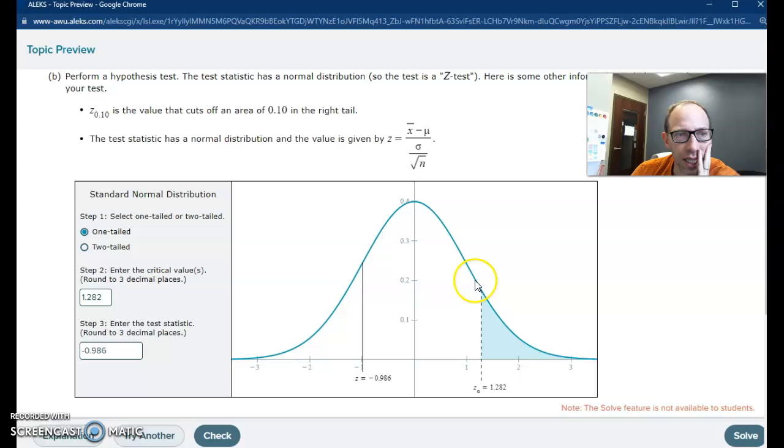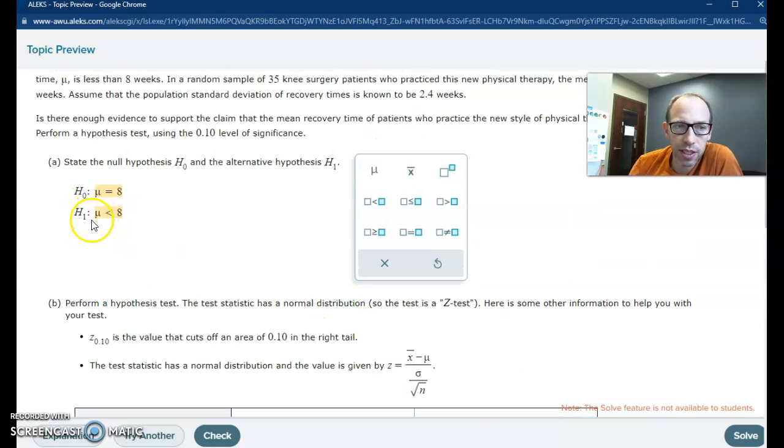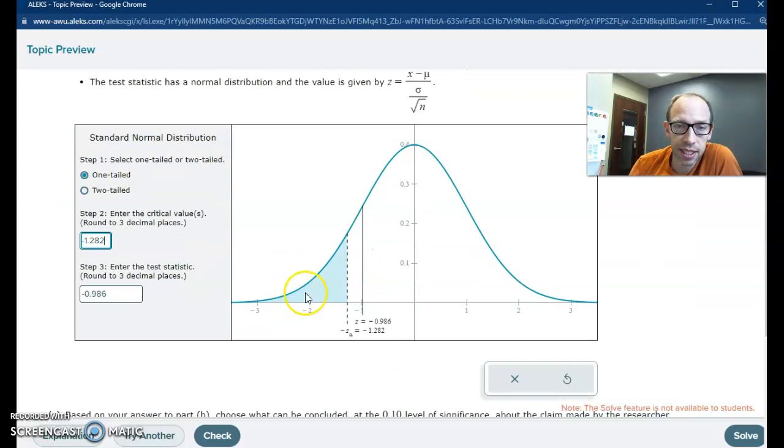So we need actually the negative version of this. There we go. So in order to reject the null, our alternative was that our mean is going to be less than 8. And so that's why we had to flip this here to put it on the left side instead of the right side.